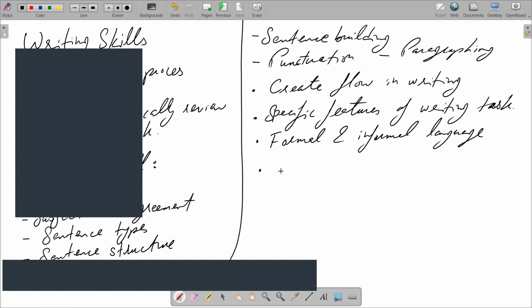Okay. Talking specifically about narrative and descriptive writing. So the structure of a narrative, and that's where Haris, you mentioned that you prefer writing narratives. So the structure and elements of narrative writing.